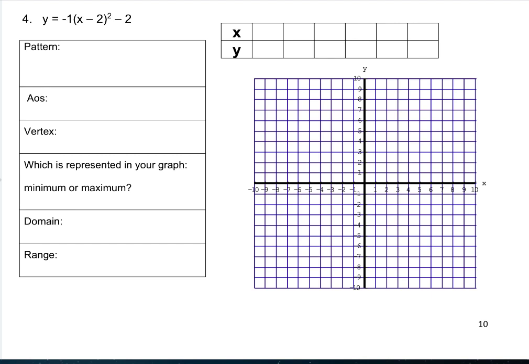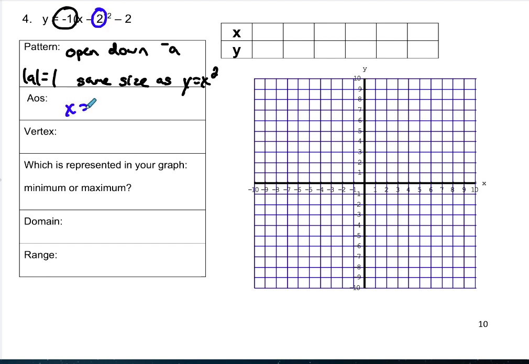So here, I've got a -1, so it's going to open down because a is a negative. The absolute value of a is 1, so it's going to be the same size as y equals x squared. My axis of symmetry is going to be x equals 2.